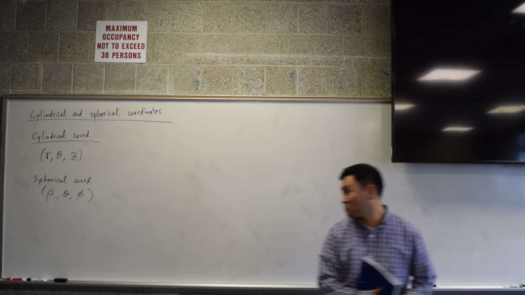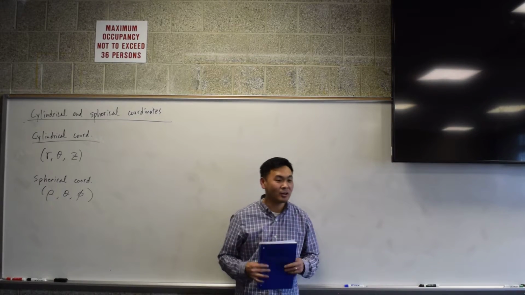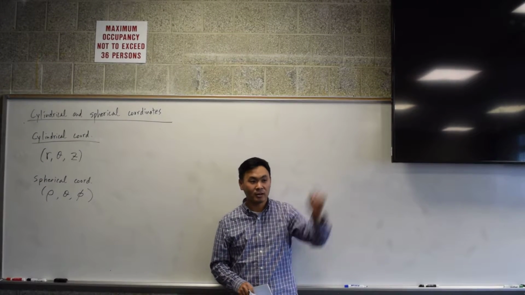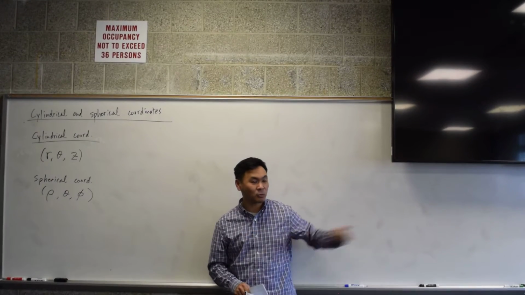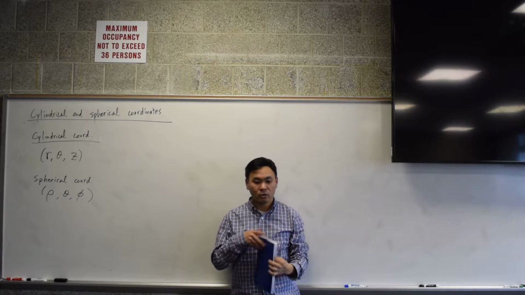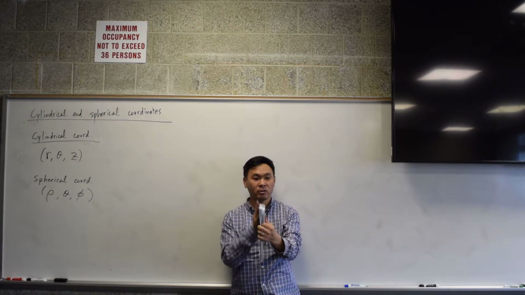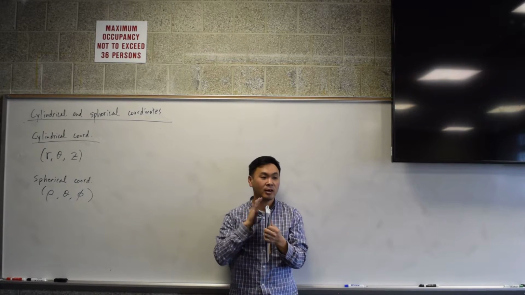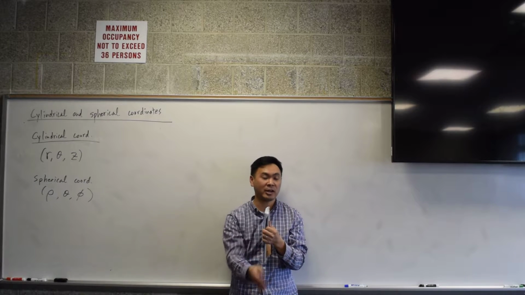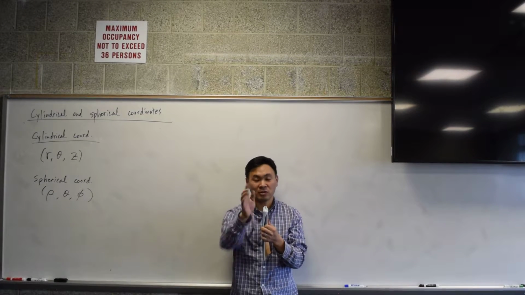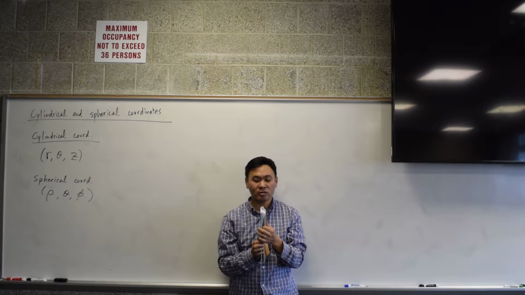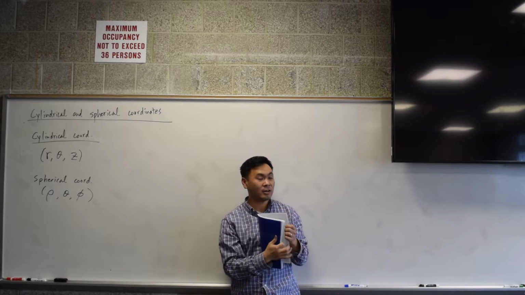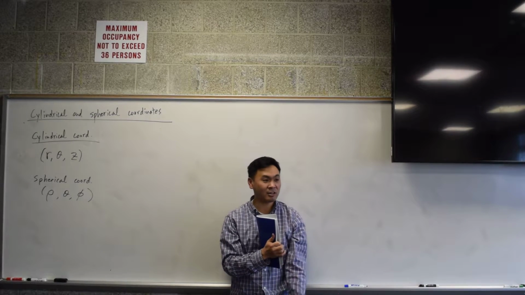Okay, so let me try to explain what a spherical coordinate system is. Suppose you have a point in space, okay? And let's say this is x, that's y, and that's z. What you do is you start with your notebook with this side on the z-axis, and this entire thing on the yz plane, and then you start opening this notebook until this page here entirely contains that point.